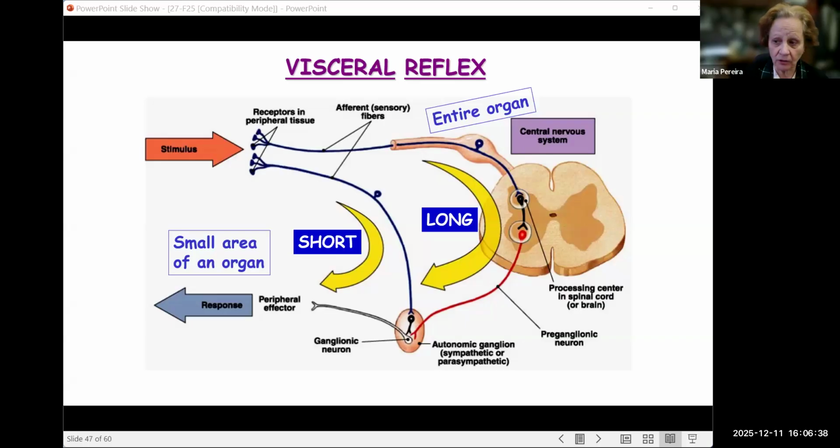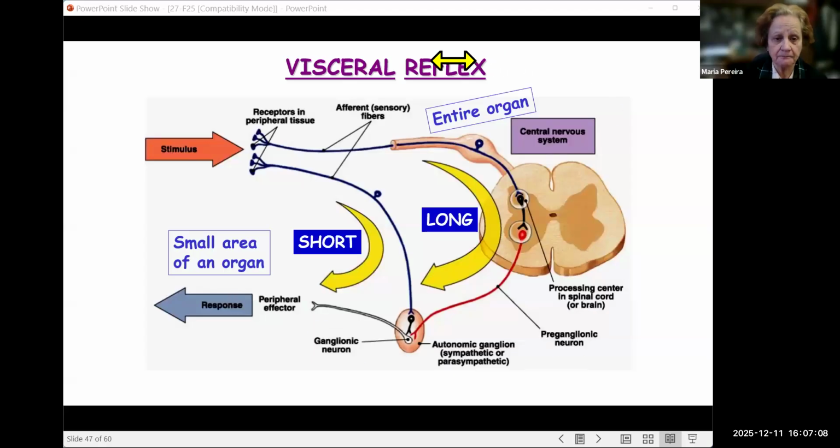The receptors on the different organs, viscera. So the action potential is conducted through the sensory neuron, and you see the cell body at the ganglion. Then you see the spinal cord. You see an interneuron, and then the motor. The motor component here for the viscera, there's 2 motor neurons, right?